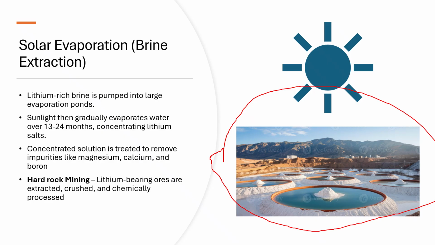And the challenges with hard rock mining are that it is energy intensive and generates a good amount of chemical waste. So these traditional methods overall leave a large footprint and can be environmentally a little hazardous.